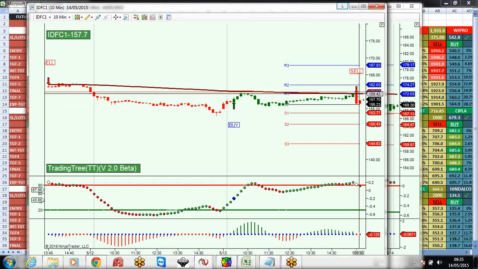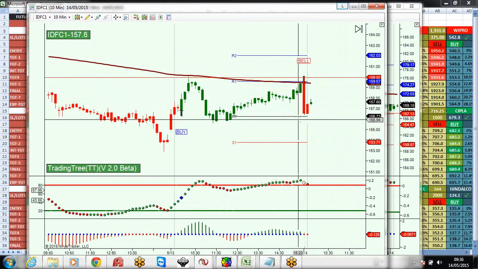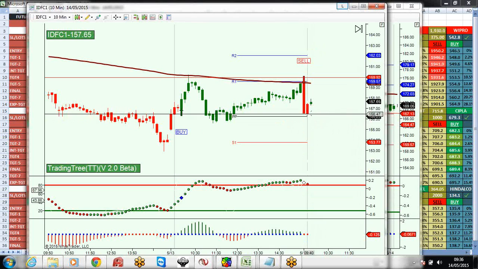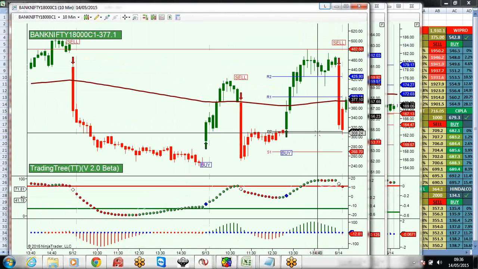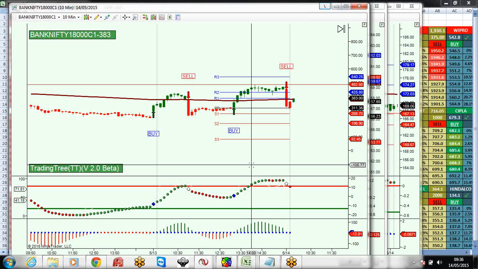So whenever you get these calls in this fashion, that is, if you have a sell call right near your support, resistance or PP line, it's always better to avoid that call or try to place the call after it either crosses your resistance or support. It's a Bank Nifty option. It's a call option.